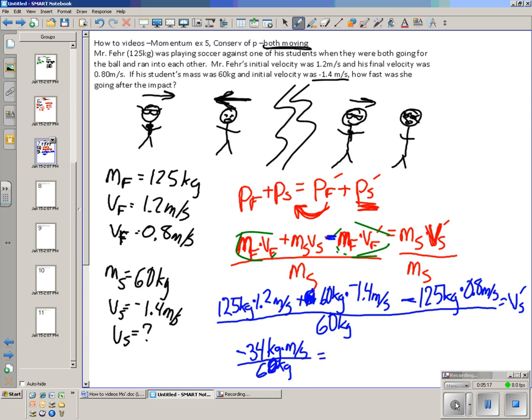Tapping that into our calculator, we have negative 0.5666667. So let's round off. Negative 0.57 meters per second was the final velocity of the student.